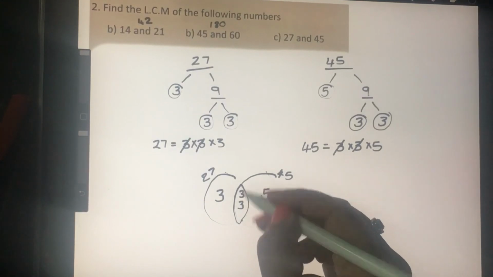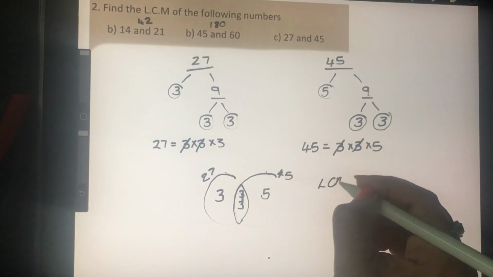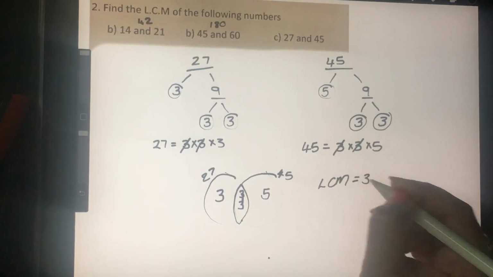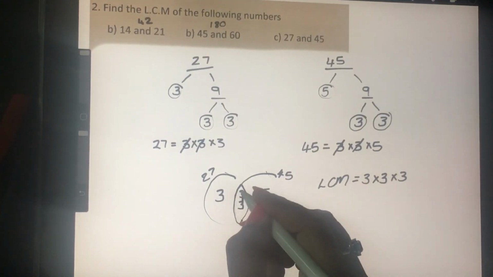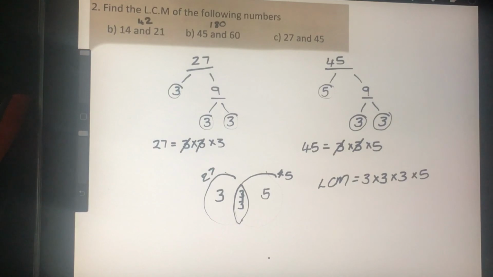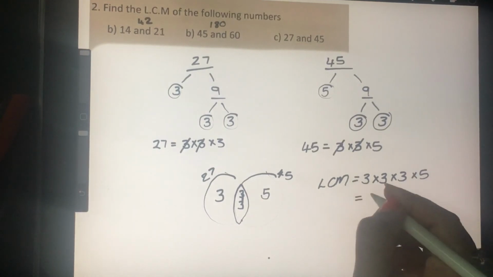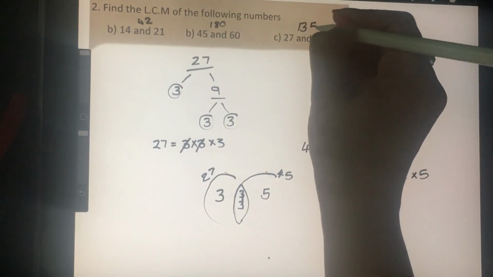We can easily see the highest common factor is 3 times 3, which is 9, but in this example they want the lowest common multiple. So we are going to say 3 times 3 times 3 times 5, and if we put that in our calculator, we get the answer of 135. So our answer there is 135.